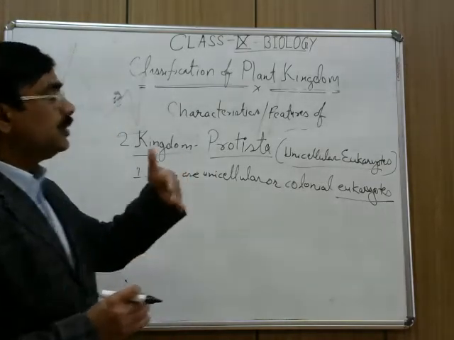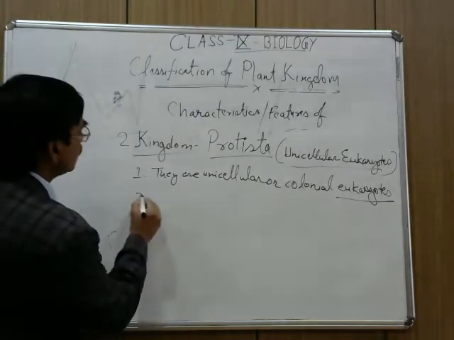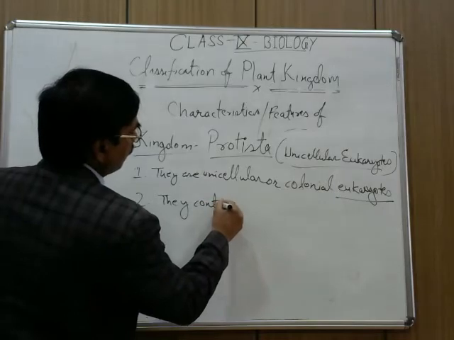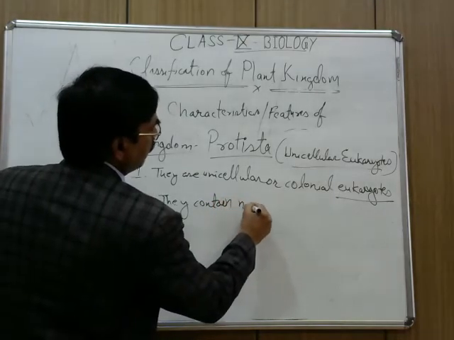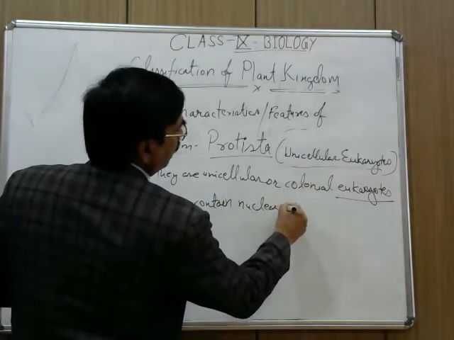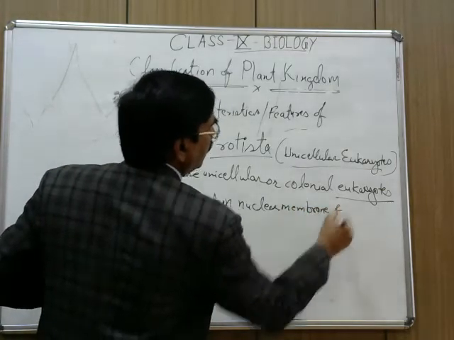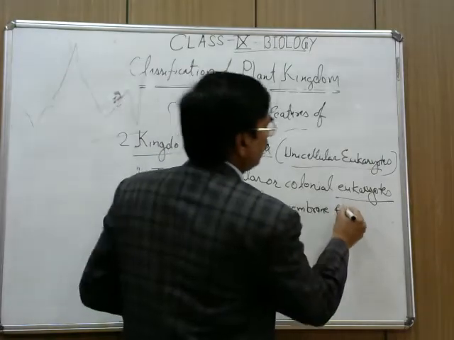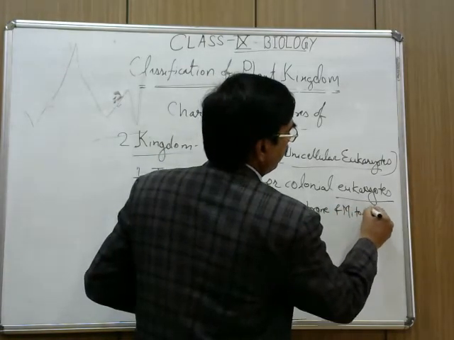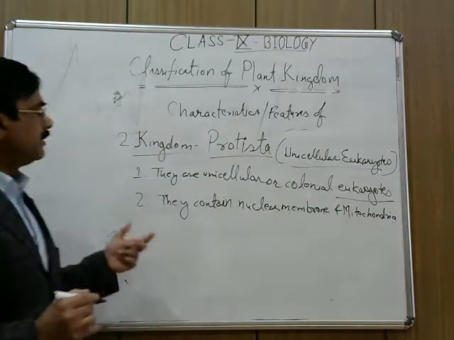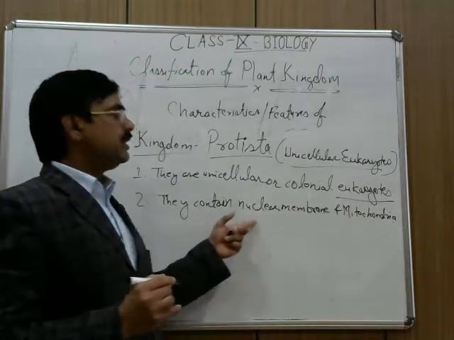Coming to the advanced character, they contain nuclear membrane and mitochondria. Number 2, second character, they contain nuclear membrane.